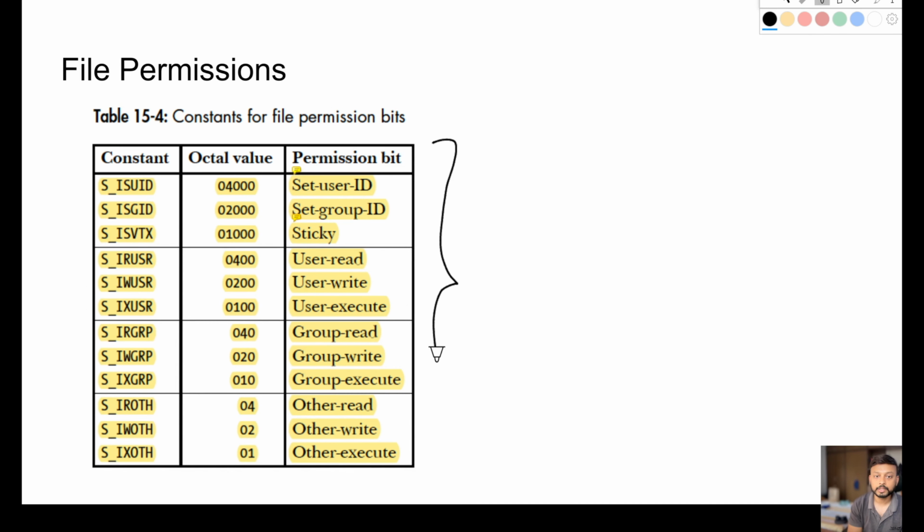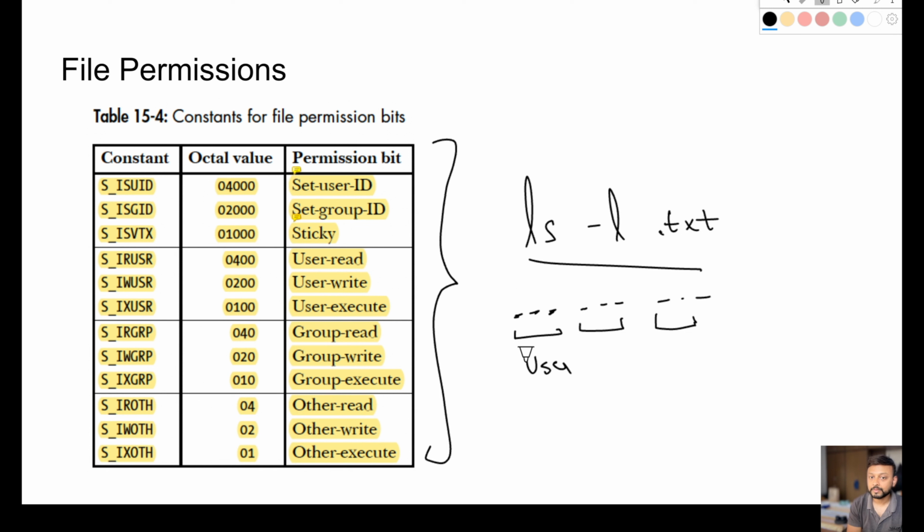These are the permission bits that we often see when we run an ls -l on any file. The output is divided into three parts. The first three fields represent the user permission. The next three are the group permissions, and the last are the permissions for other users.